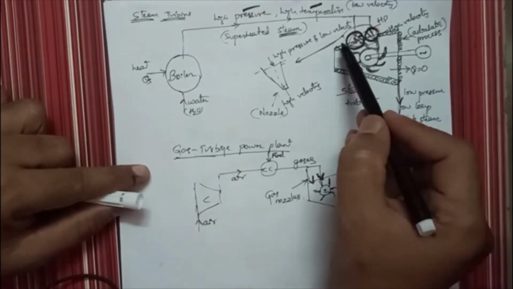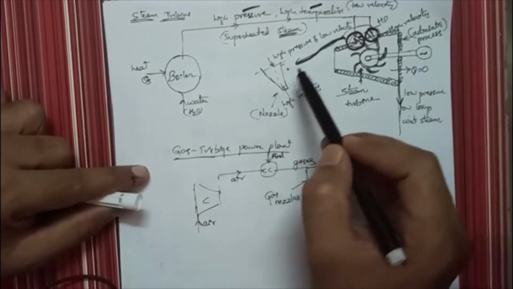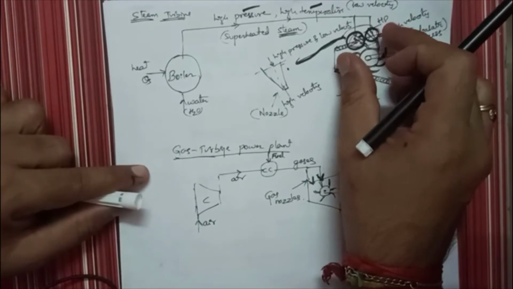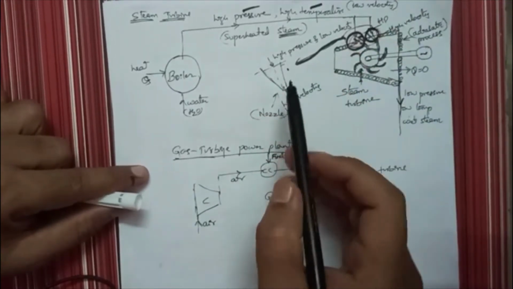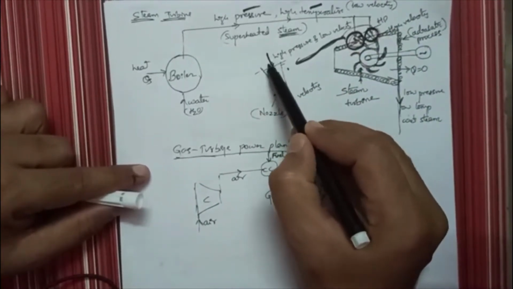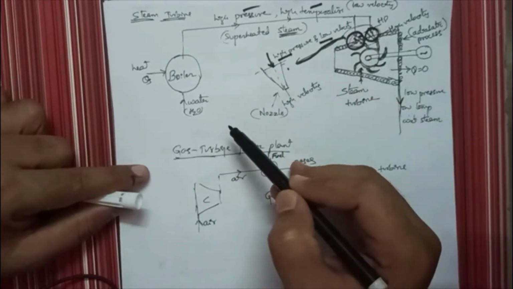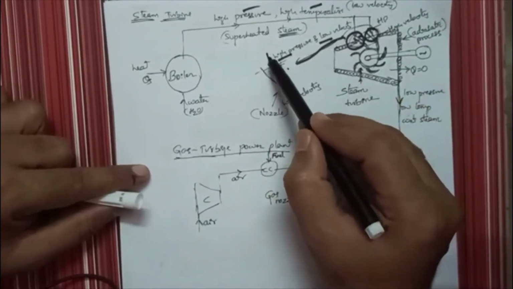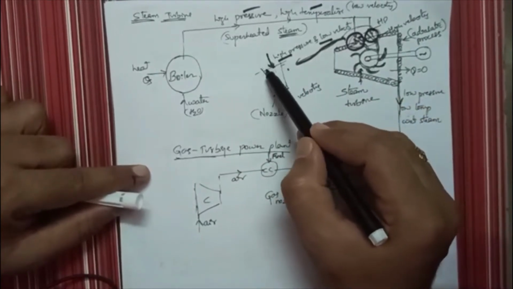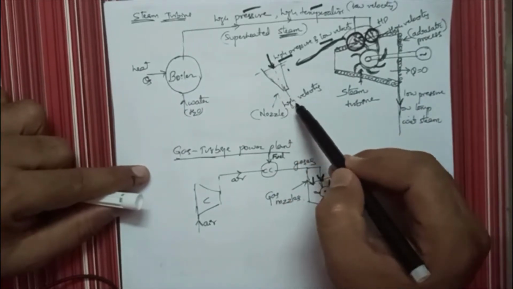Here I have taken one nozzle and enlarged the area. The superheated, high pressure and low velocity steam enters the nozzle, and that high pressure steam is converted into high velocity.